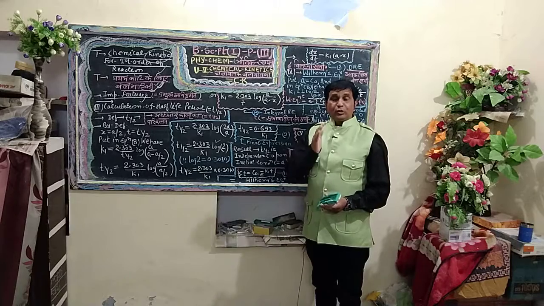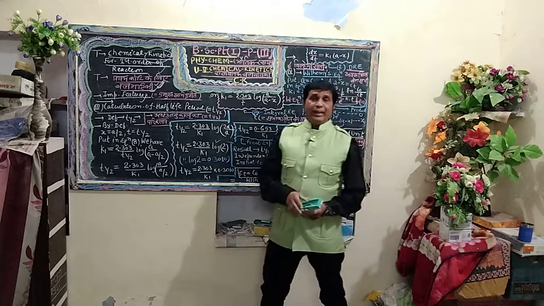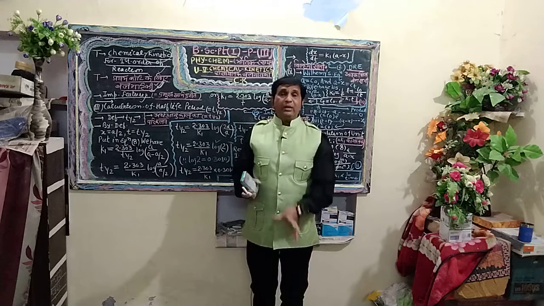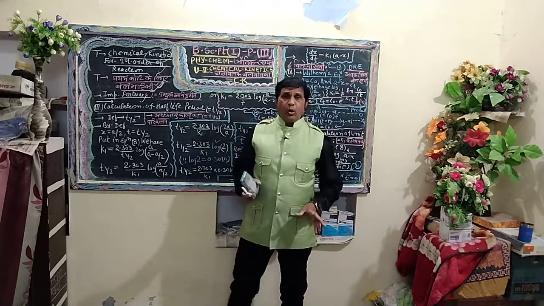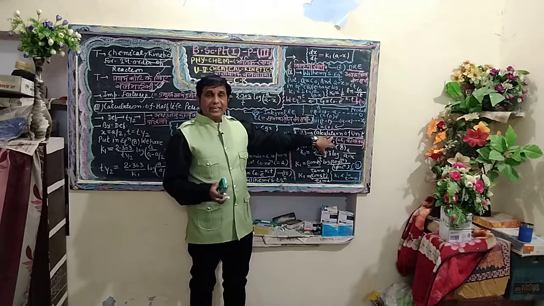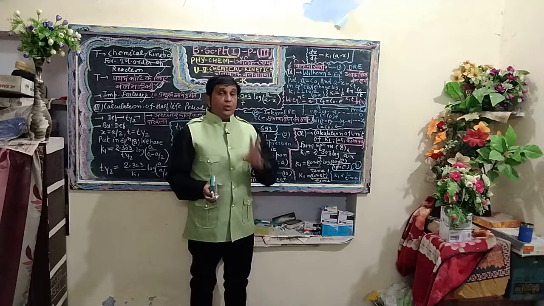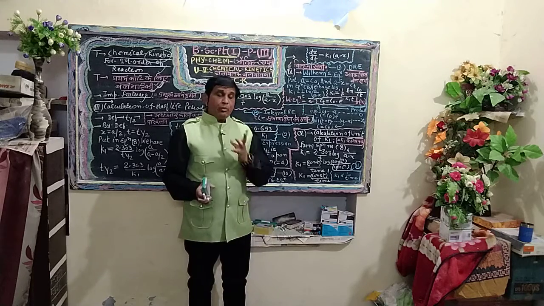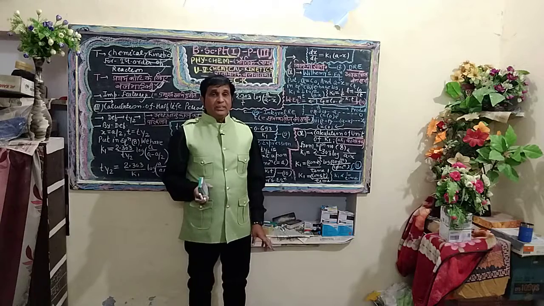First of all, in order to derive the rate equation in both forms, the differential form and the integral form, we have to select such a common important example for first order of reaction.